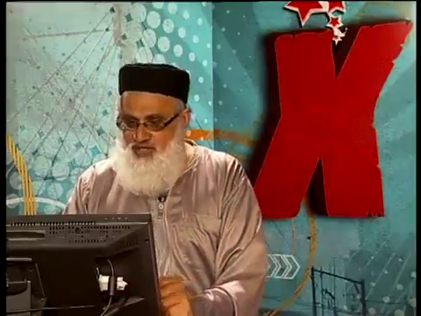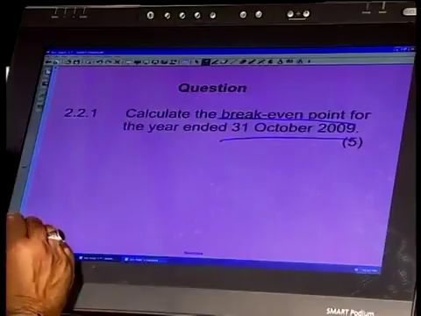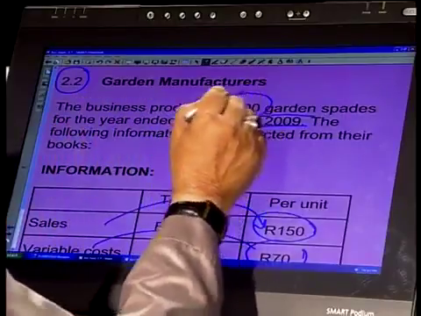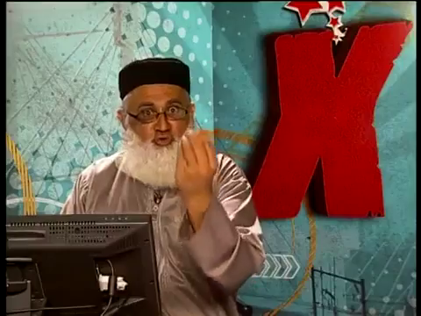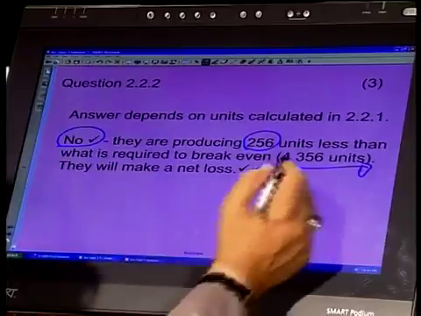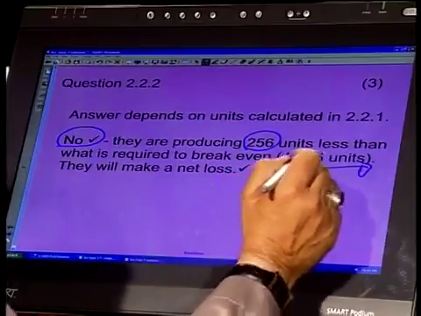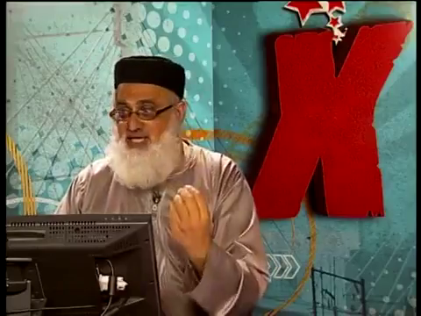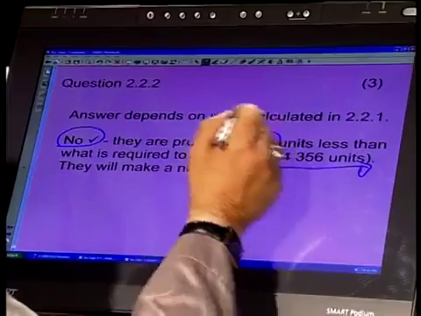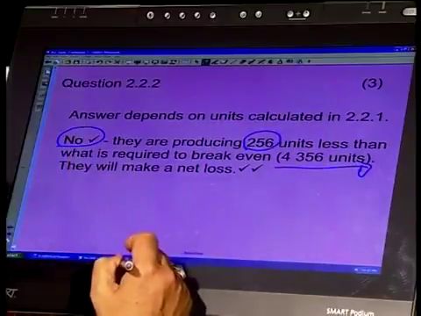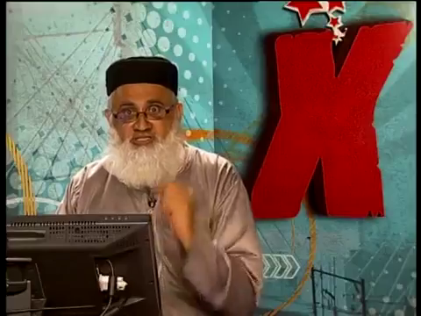In other words, the number of units we have to produce in order to break even is 4356, right? And if we look at the question, what do we find? The business produced 4,100. We've only produced 4,100. And what is the break-even point? The break-even point was 4,356 units.